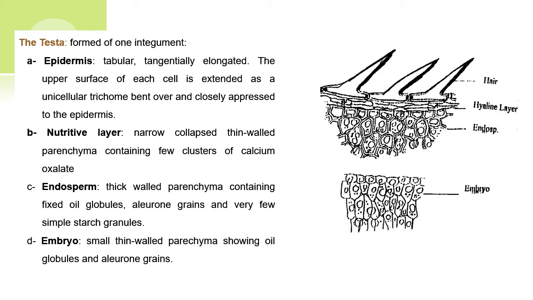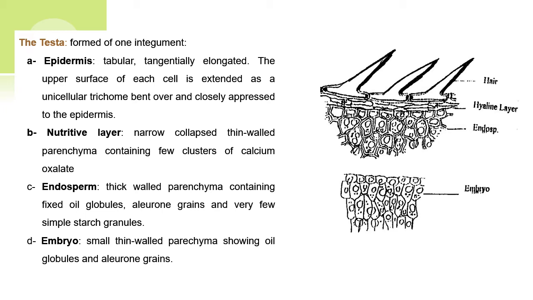Following the epidermis, there is a hyaline layer or nutritive layer formed of collapsed parenchyma cells. Afterwards, we have the endosperm of thick-walled parenchyma containing fixed oil globules, aleurone grains, and few small simple starch granules.